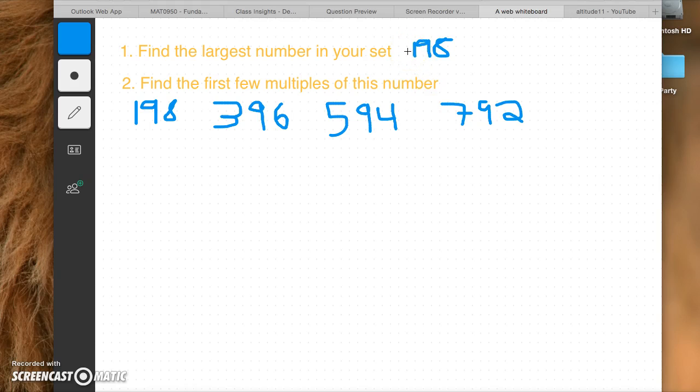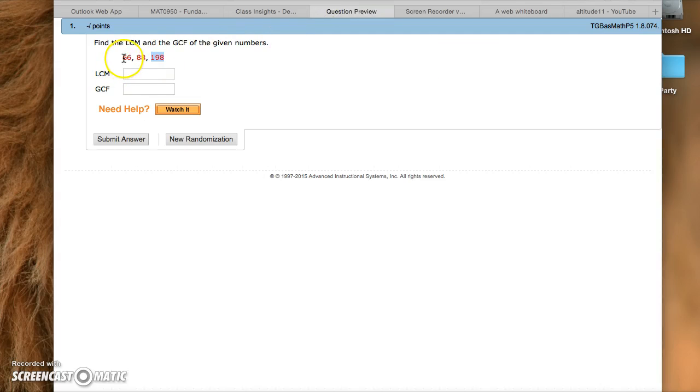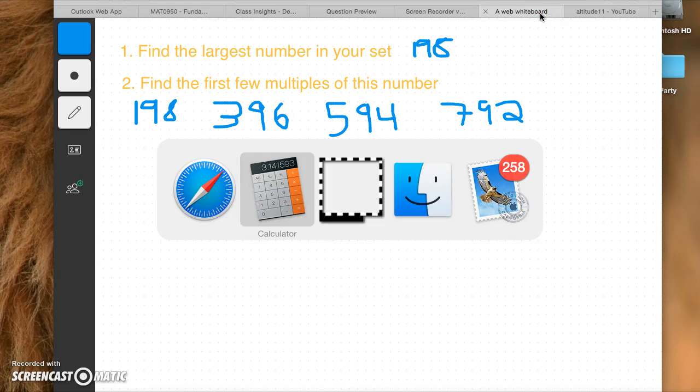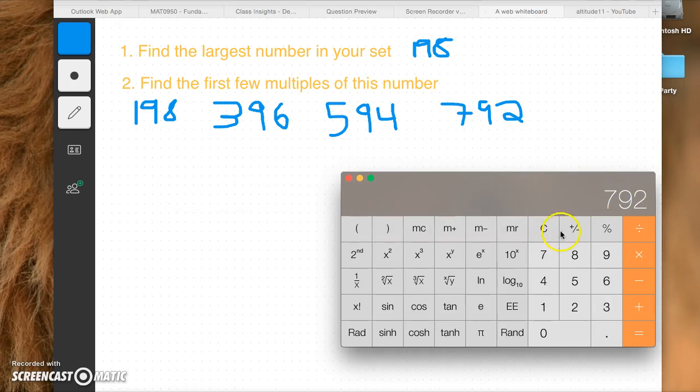So what we need to do next is see if our other values also have one of these multiples. Our other values, remember, are 66 and 88. To figure out if a number is a multiple or not, we can just use division. Our very first multiple of 198, let's see if that is a multiple of 66.